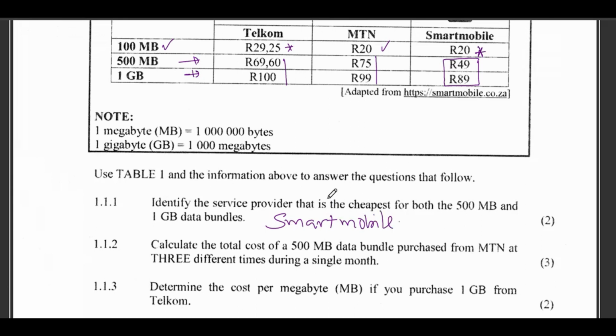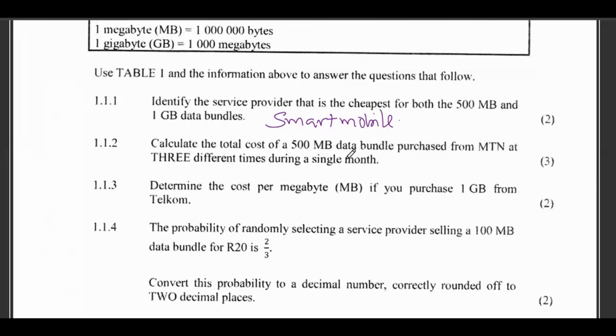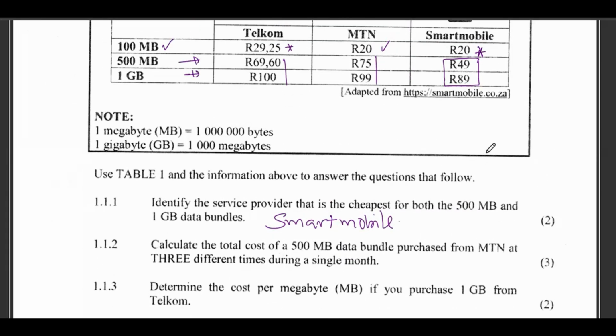Question number 1.1.2. Calculate the total cost for 500 MB data bundles purchased from MTN at 3 different times during a single month. So what we're going to do, how much is it under MTN?